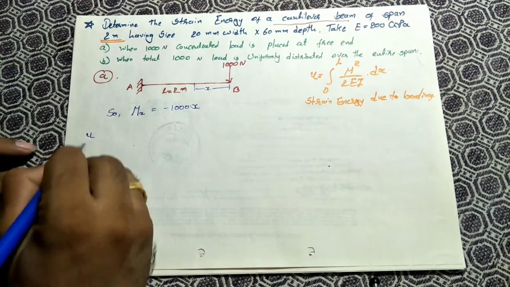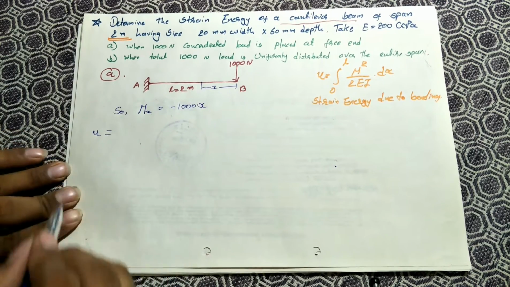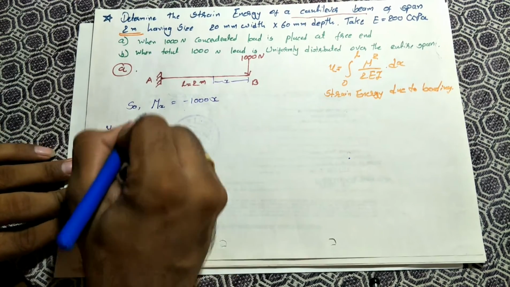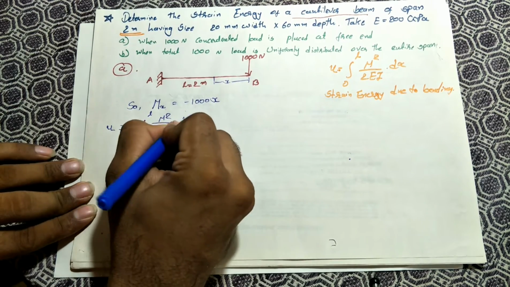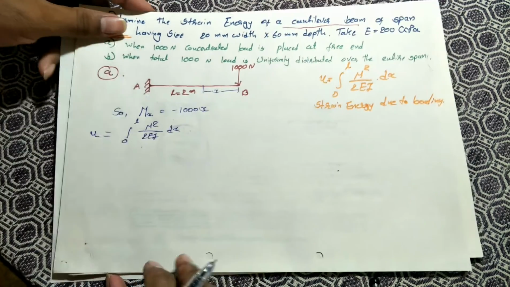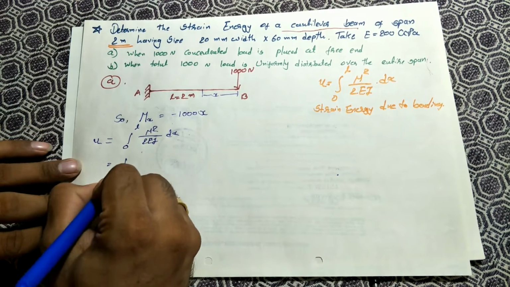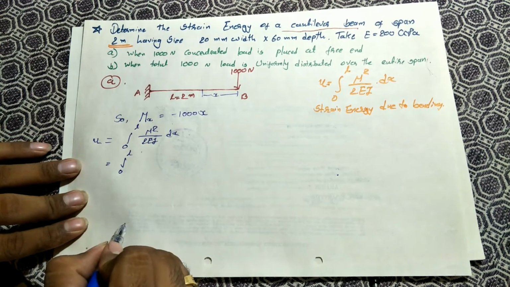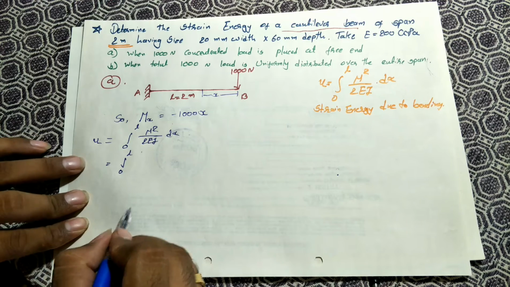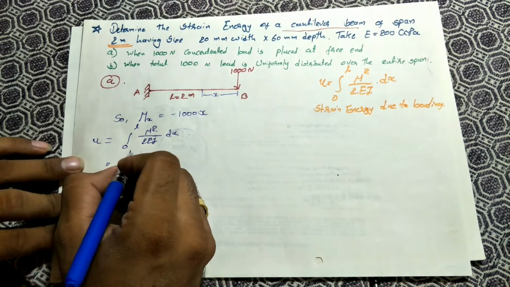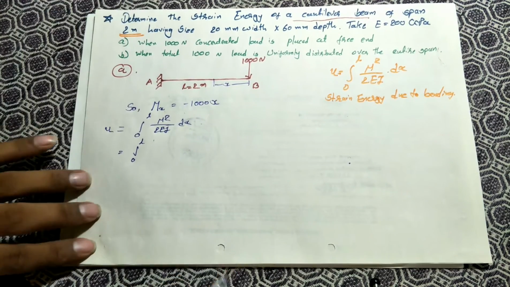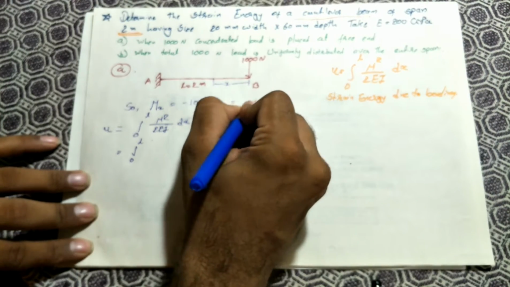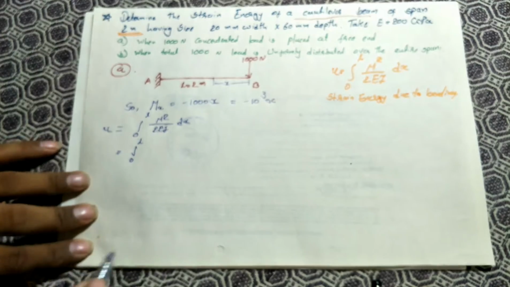So we have an equation, U equals the integration from 0 to L of M square over twice EI dx. Okay, what is M square? M is the moment at x, so we'll write this is minus 10 raised to 3 into x.